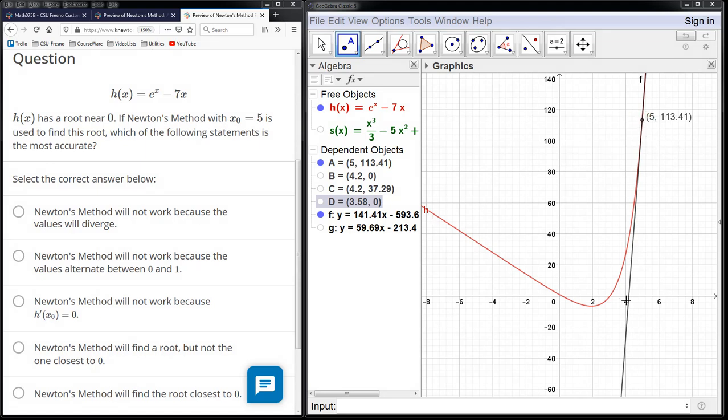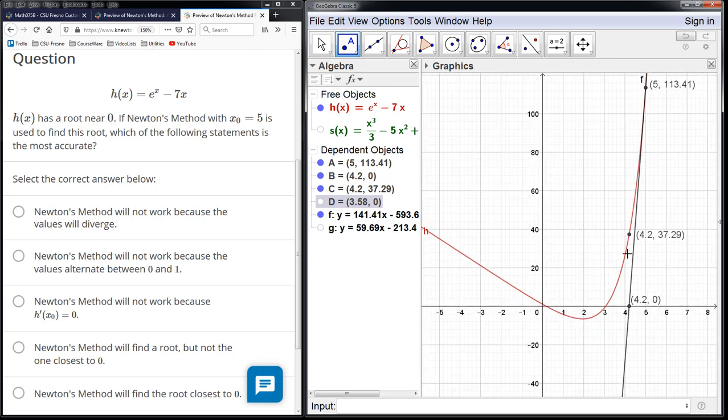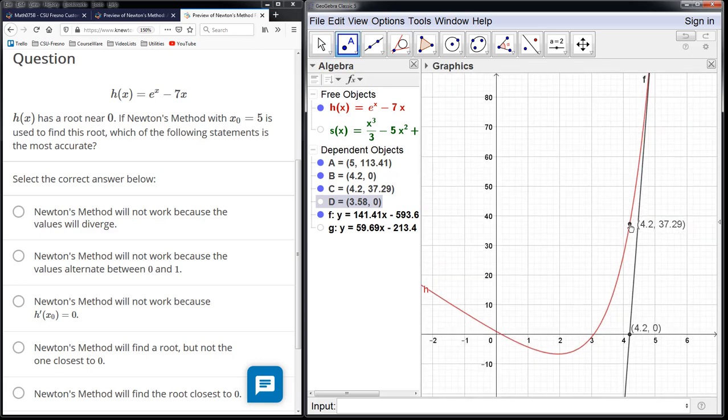Now that I have the tangent line, I look for the x-intercept of the tangent line. It turns out this tangent line intercepts the x-axis at around 4.2. Then I take that 4.2 and put it into the function, so I get the point on the function that has x coordinate 4.2, and then I draw a new tangent line at the new point.